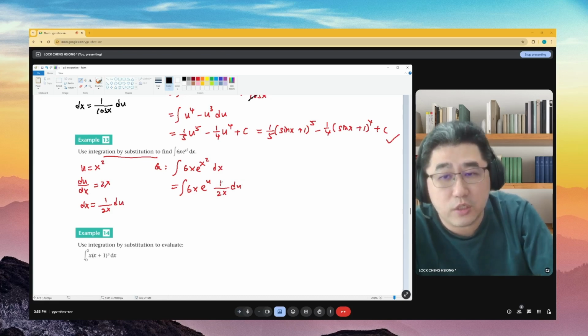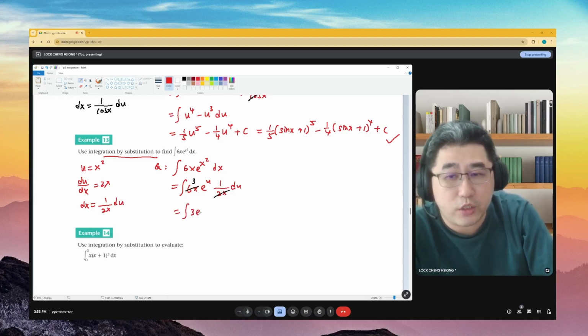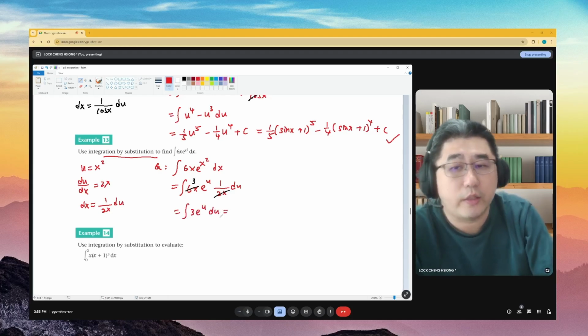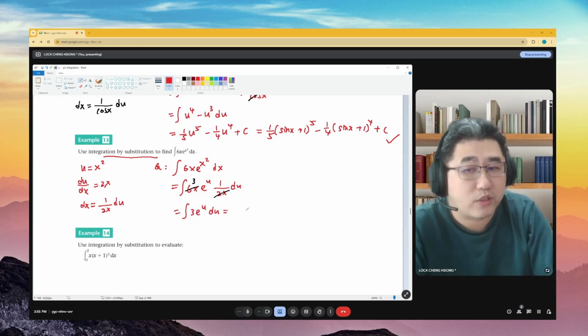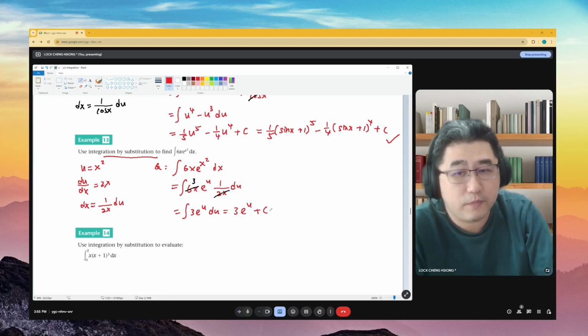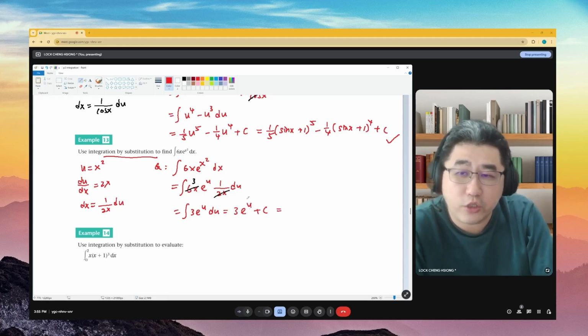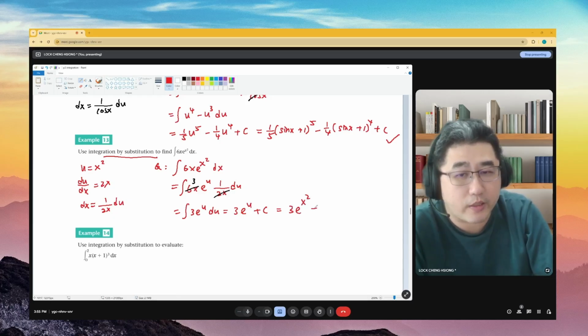So you will see that I get this cancelled off, left with a 3. Therefore I have 3 e to the u du. Now we managed to simplify the integration into something nicer, which gives me 3 e to the u plus c. Don't forget to change the u back into x, so I have 3 e to the x squared plus c.